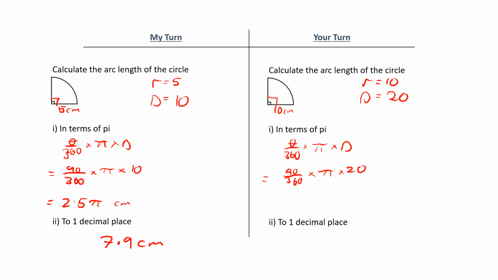In terms of pi, when you put that into your calculator, you should get 5 pi centimeters. For part 2, again, press your SD button to get to 1 decimal place, 15.7, and again my units, centimeters.